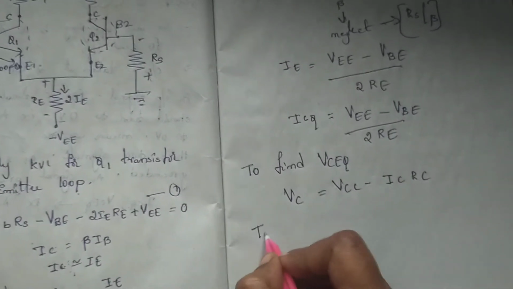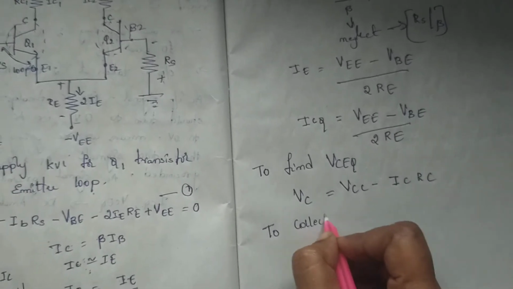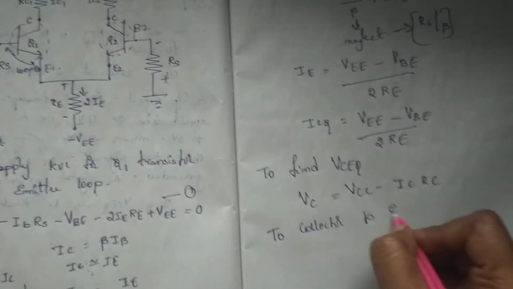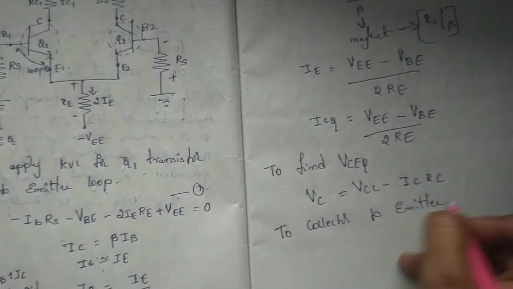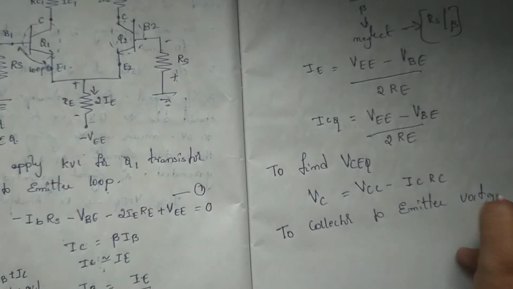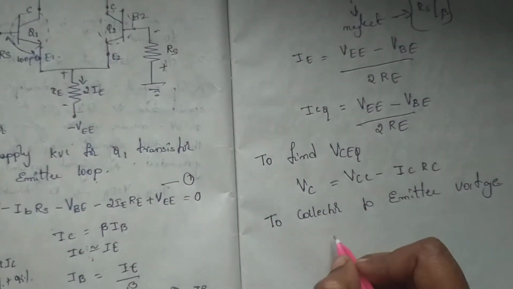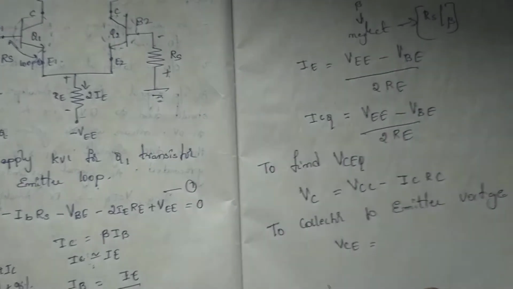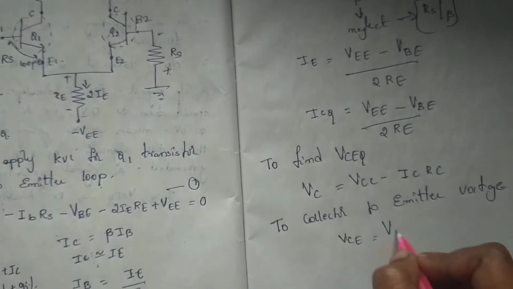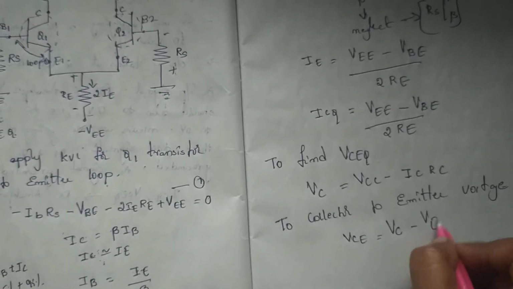Then the collector to emitter voltage we can write as VCE, which is VC minus VE.